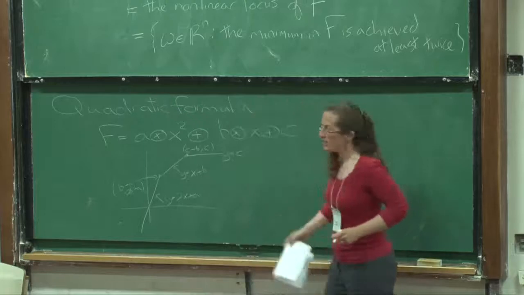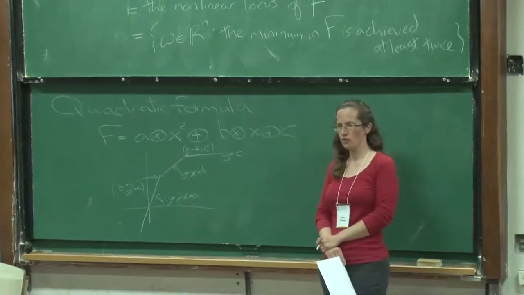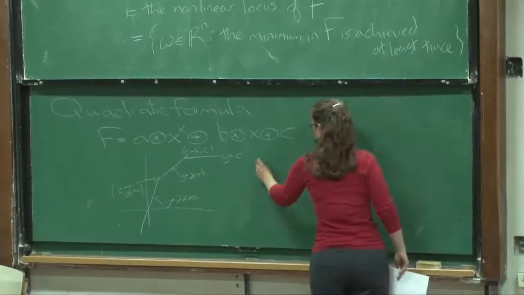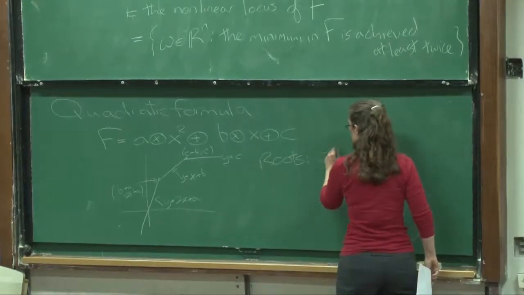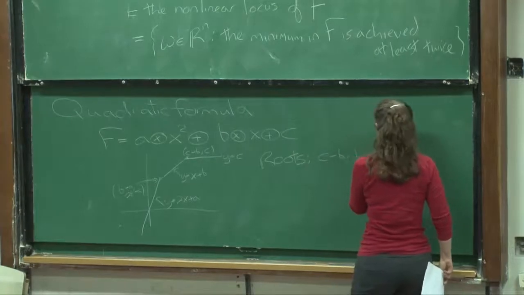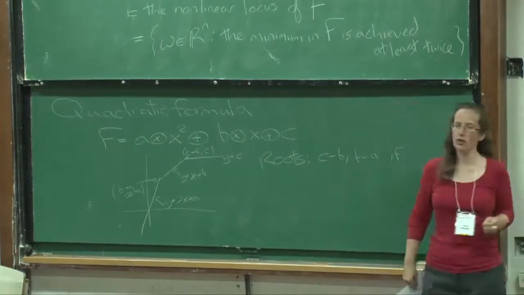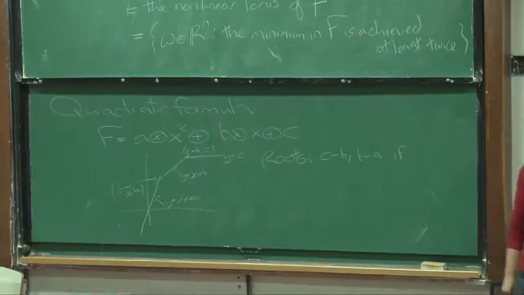Okay, so if this is the right picture to draw, then my roots, or the solutions, are going to be c minus b and b minus a. Of course, that assumed that my picture was correct.